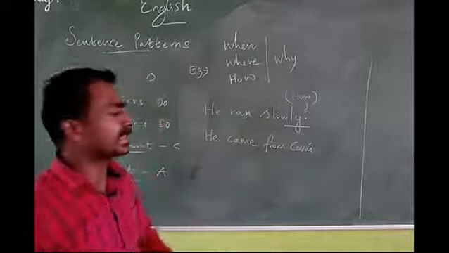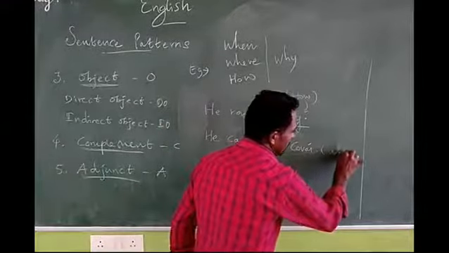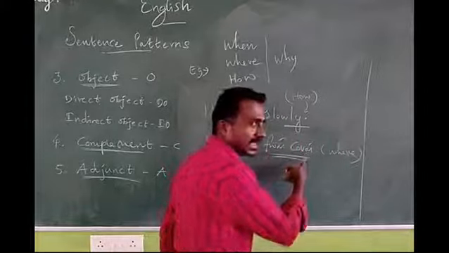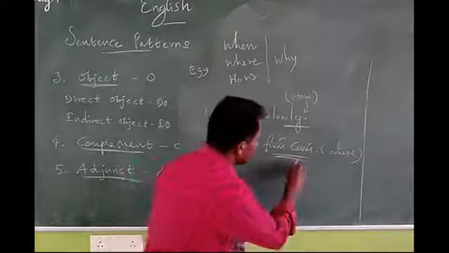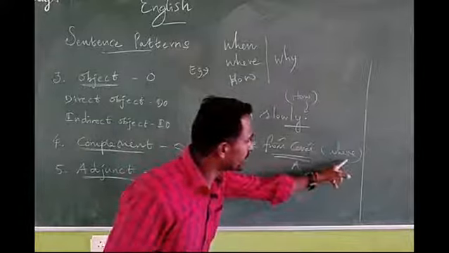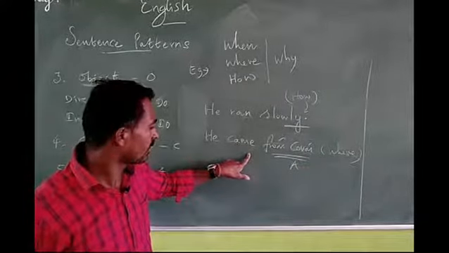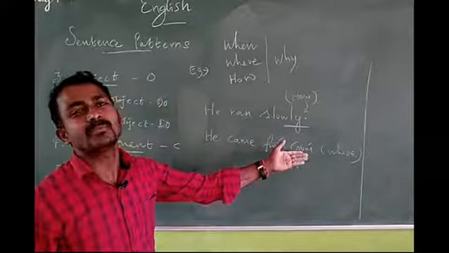Where did he come? It answers the question where, and also place. The preposition word with the place gives us the agent. And also we can make the right question: where did he come? He came from Coimbatore.